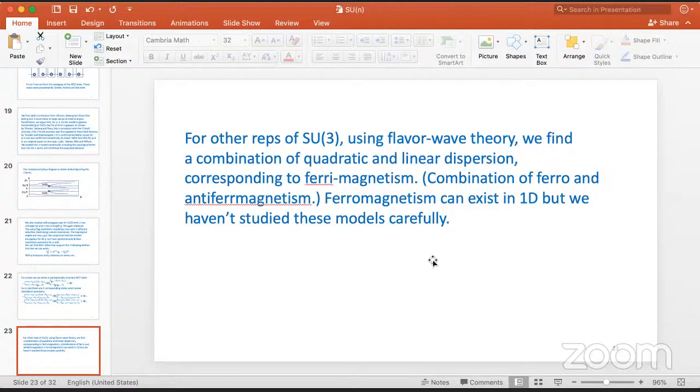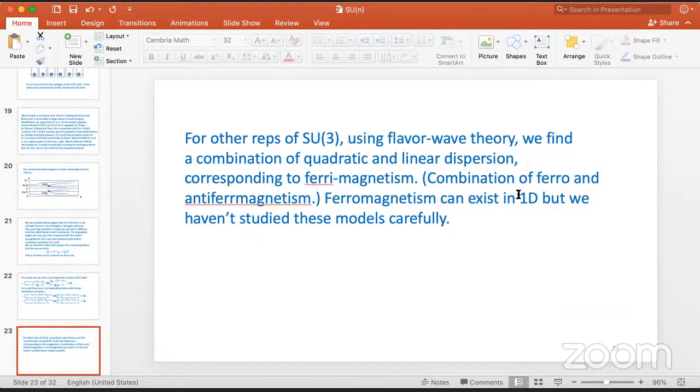So for other representations of SU3, using flavor wave theory, we find a combination of quadratic and linear dispersion. So it's so-called ferrimagnetism. So we have partially ferromagnetic and partially anti-ferromagnetic, some combination of ferro and anti-ferromagnetism.